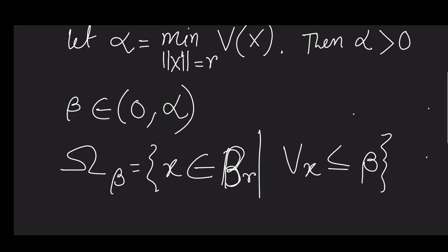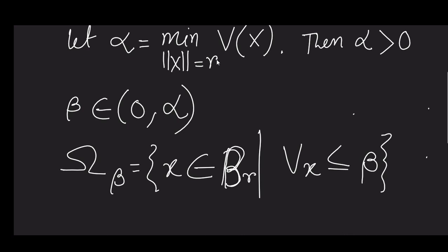This alpha you got when you were roaming on the outer shell of the ball, and now this beta can vary between a very small number close to 0 but not exactly equal to 0 and alpha, where alpha is the minimum value of the energy function when you are roaming on the surface of the ball.